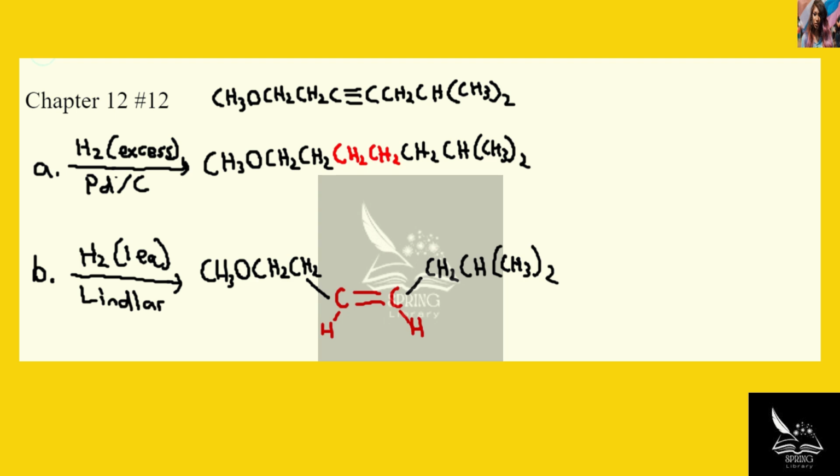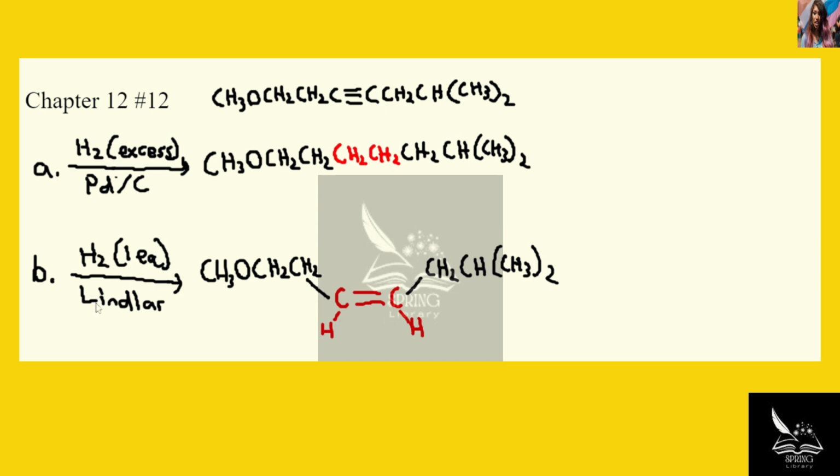And so I've drawn the affected carbons in red just so that they are easier to pick out. And you can see that it's gone from C triple bond C to just CH2CH2, and it's just a typical alkane.